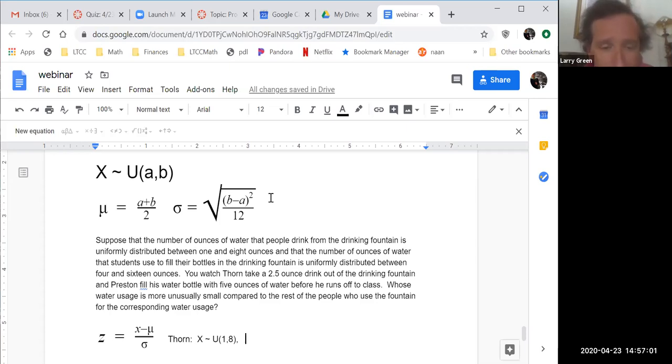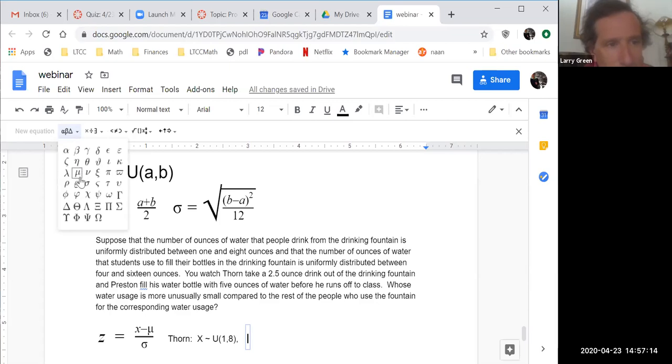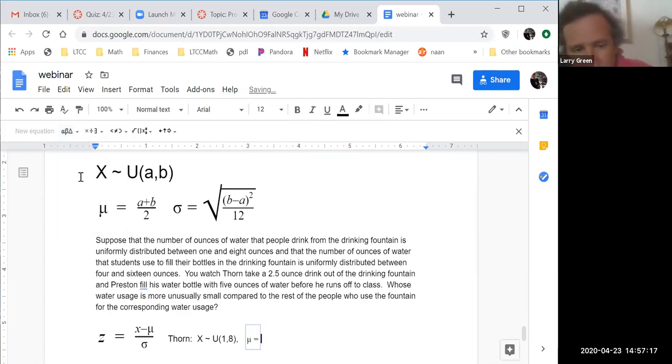Now that we know that x is uniform between 1 and 8, we can now find mu and sigma. So let's start with mu. How do we get mu? The answer shouldn't be so hard.